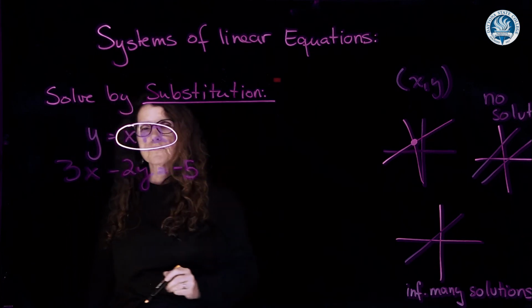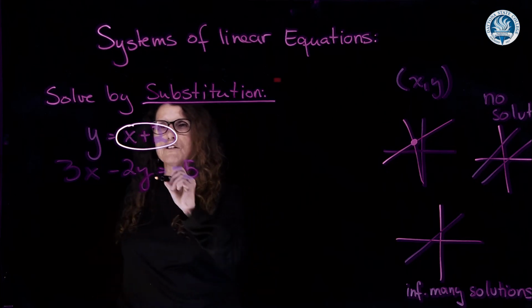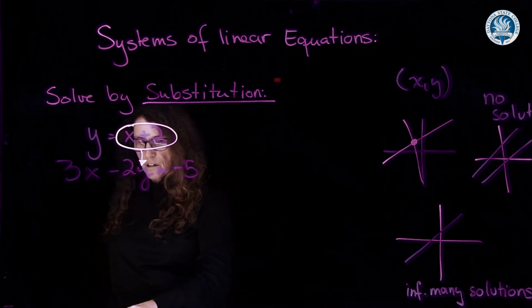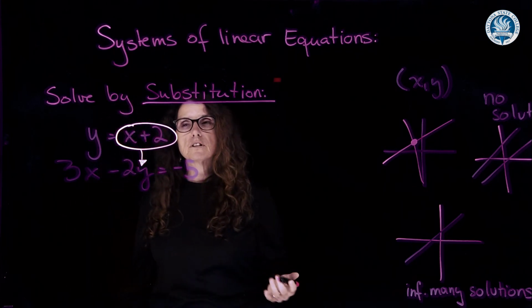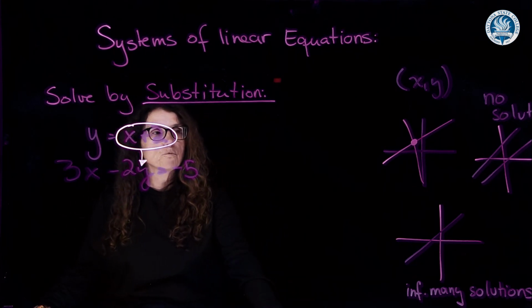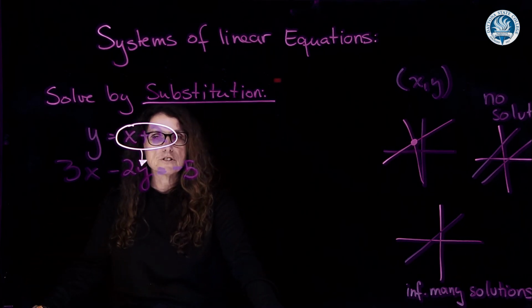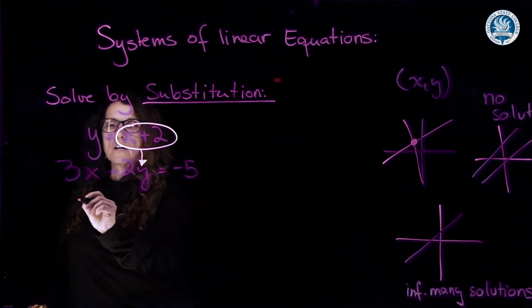We are substituting, we're replacing the y with x plus 2. Why do we do this? We can only solve an equation with one variable. So we try to change our equation into one variable.